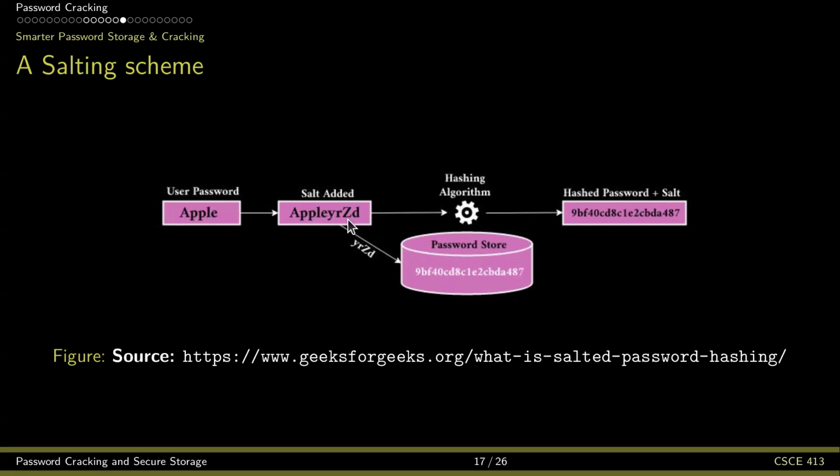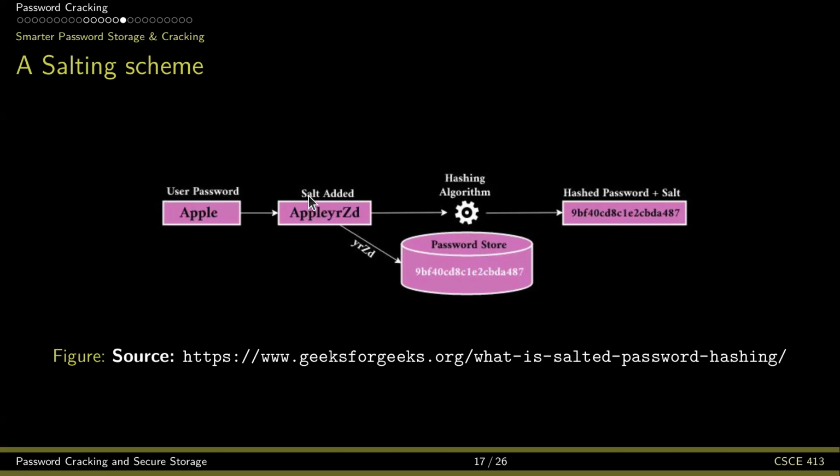And this is a salt. This entire value, apple something, is hashed and stored in the database. So if this value from the database leaks, what's going to leak is apple something. The rainbow table the attacker created, where he could only compute the hash of apple, is useless, because the value that should be computed by the attacker should be apple something.